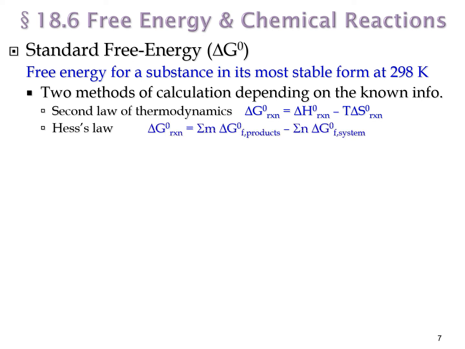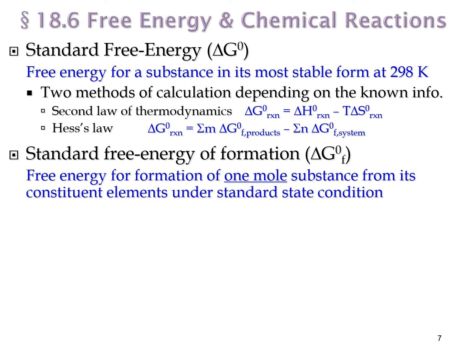Or we can use Hess's law if we know delta G0 f. What is the delta G0 f? It is called the standard free energy of formation. That means the free energy of formation of 1 mole of substance from its constituent elements under the standard state condition, kind of like delta H0 f, the standard heat of formation of a pure substance, of a compound.